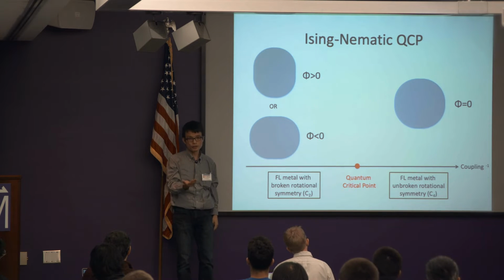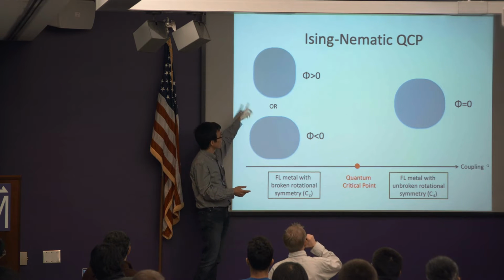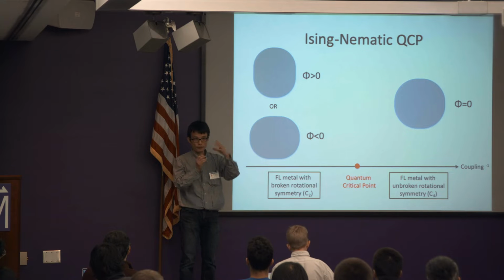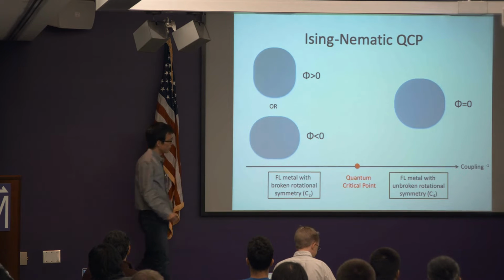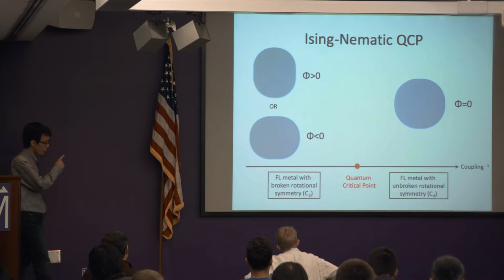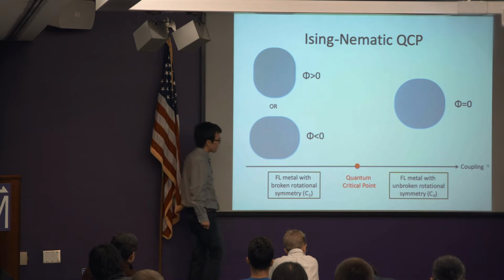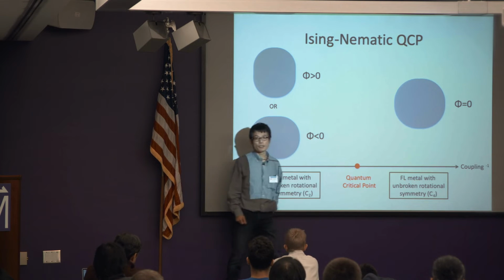And then you can introduce an Ising order parameter, whose sign determines the deformation of the Fermi surface. Okay? So this is a well-defined quantum phase transition where the discrete rotation symmetry is spontaneously broken. And here we are interested in this critical point.